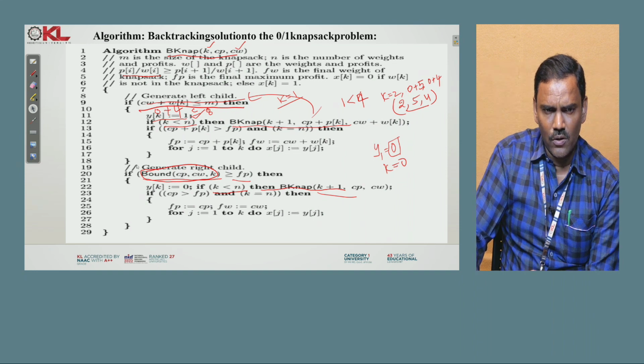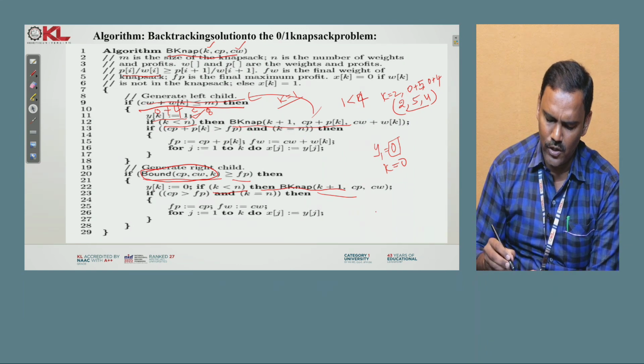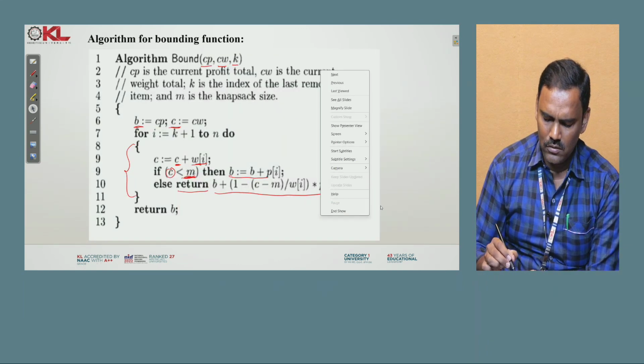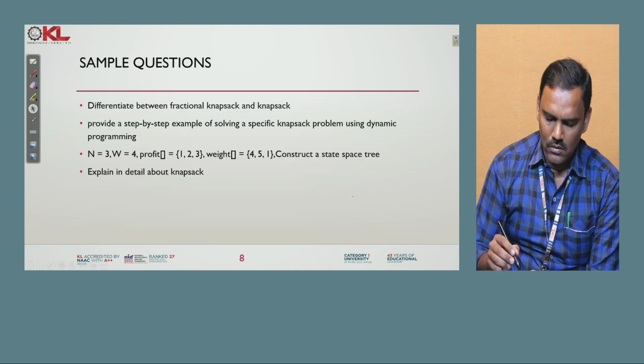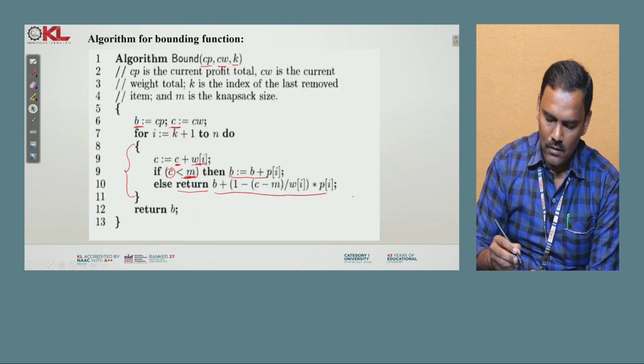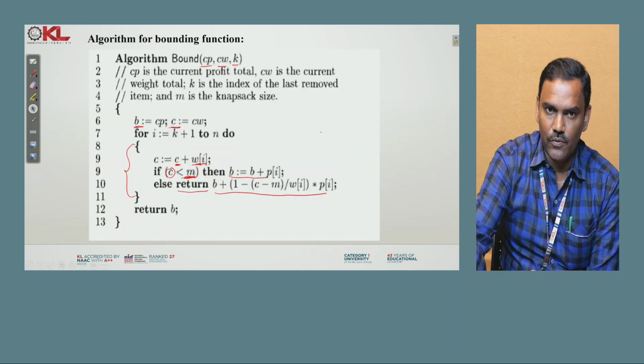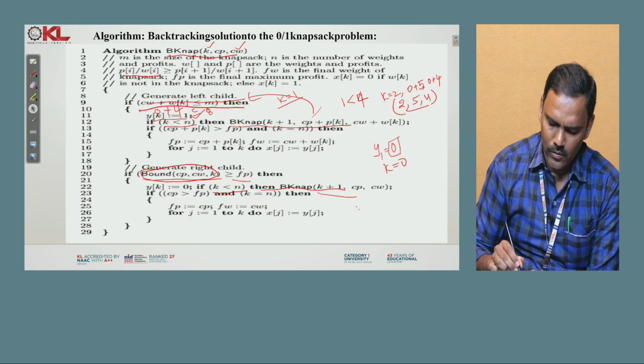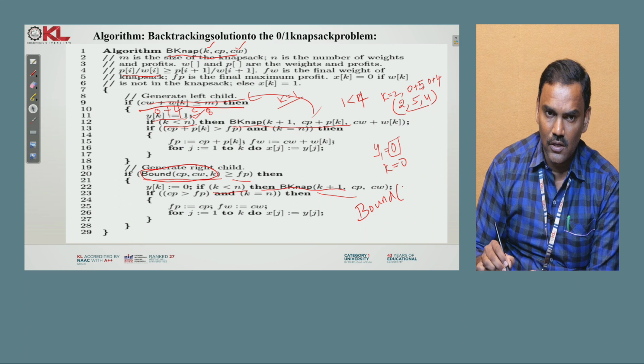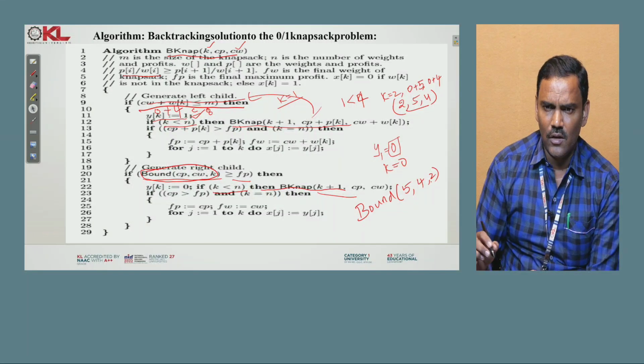Then we come out of here and we generate the right child, where we are going to check the bound function. Here we are going to calculate the bound function. What we are calling is bound. First we pass the profit 4, 5, then we pass the weight, and then we send the K value.